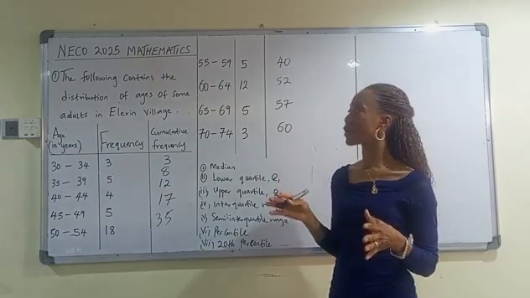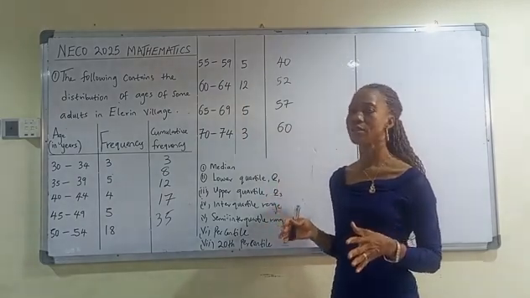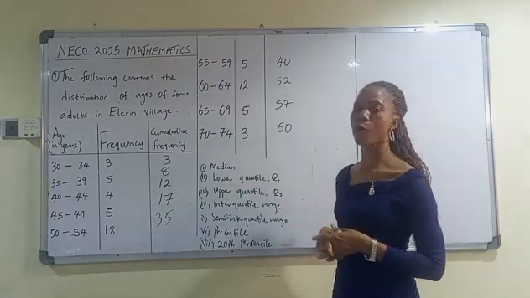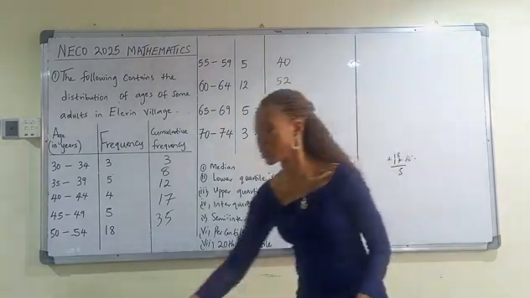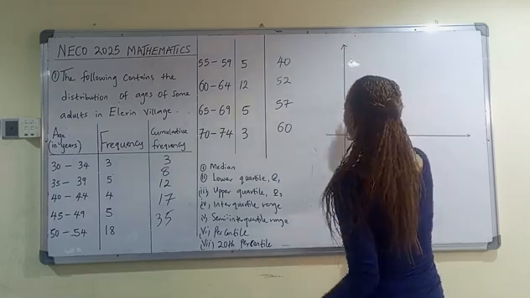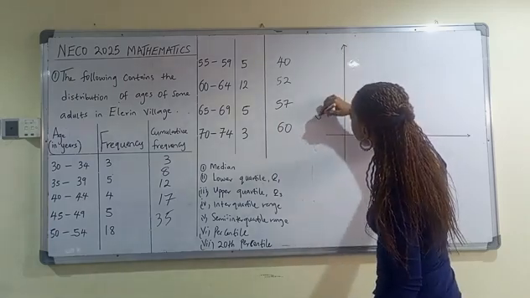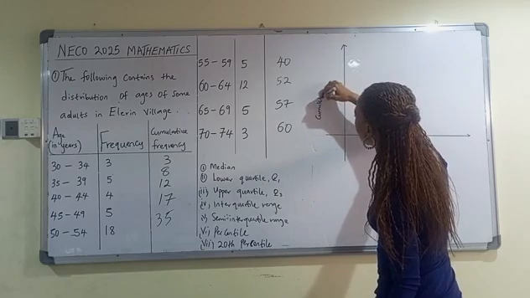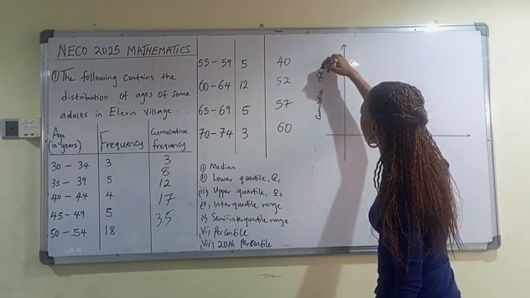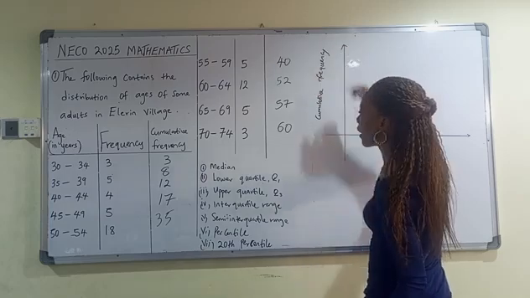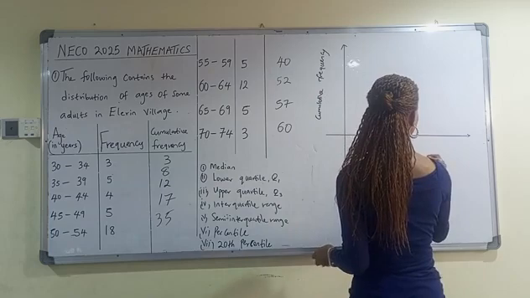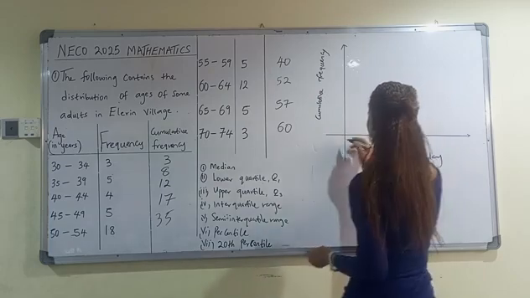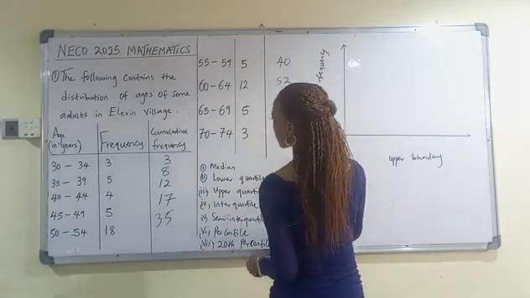It's from there that we can form the Ogive curve and then locate all these positions. So this area will have the cumulative frequency, and then this area will have the upper boundaries and everything starting from 0.